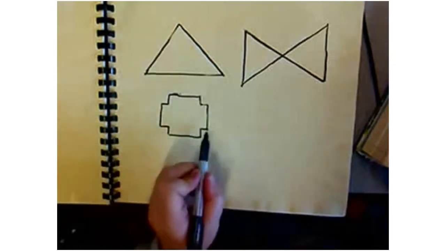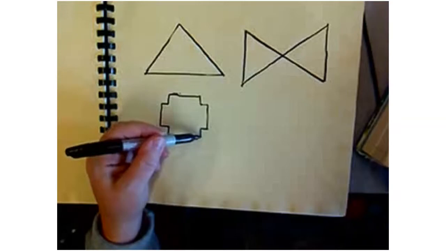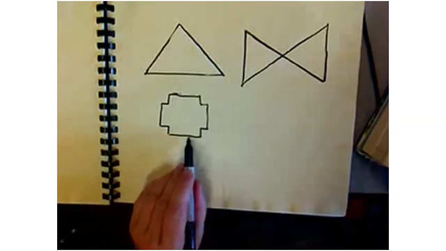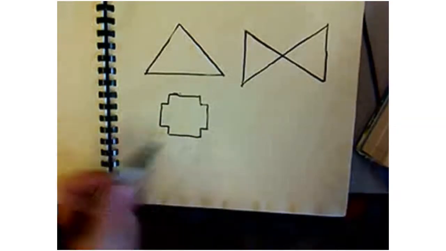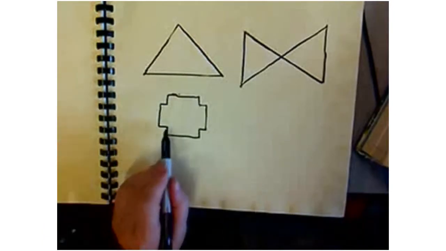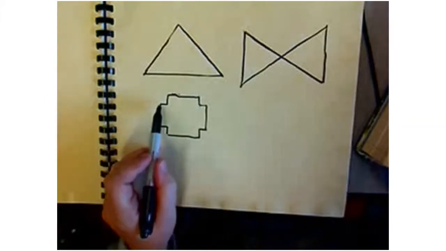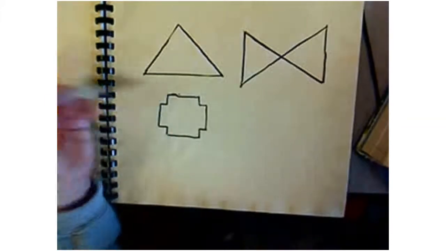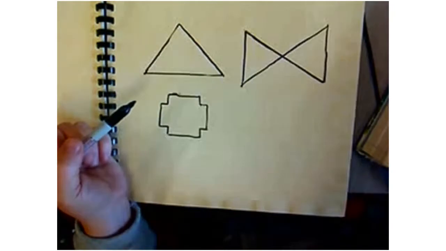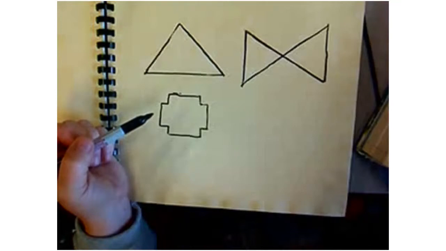Then you're going to go to the left just a little teeny bit, 5, and then down a little teeny bit, 6, then immediately to the left a longer one, 7, and back up just a smidge, 8, then over to the left again, 9, and then back up 10, over to the right 11, and then back up 12. There's 12 sides on this, so it's not a quadrilateral. And there's a whole bunch of vertexes.